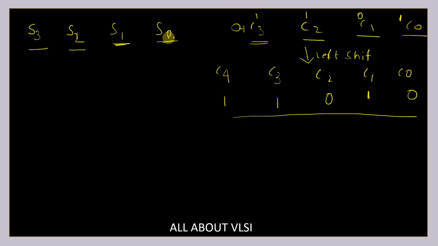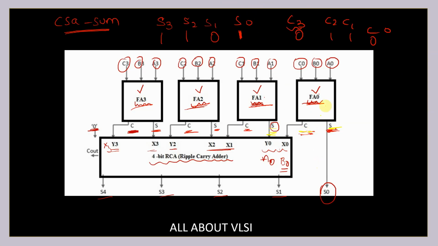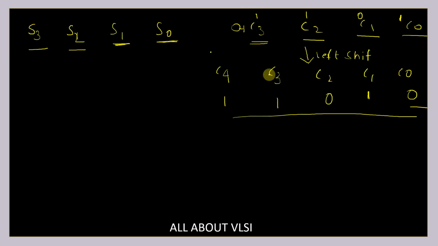Now what I'm going to do, I'm going to add S0 with C0. It will be the same, because instead of taking S0 directly or adding S0 with 0, if we are left shifting, obviously the LSB bit will be 0. So that's the reason I'm adding S0 with C0. And S1 I'm adding with C1, that means indirectly I'm adding S1 with C0.